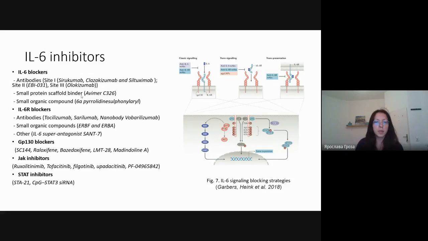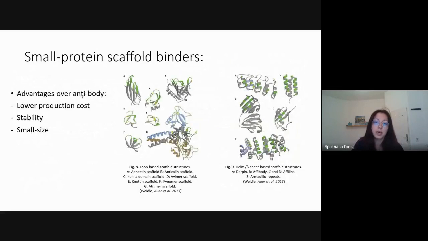So we would like to try an alternative approach to antibodies to inhibit interleukin-6 by using small protein scaffolds.